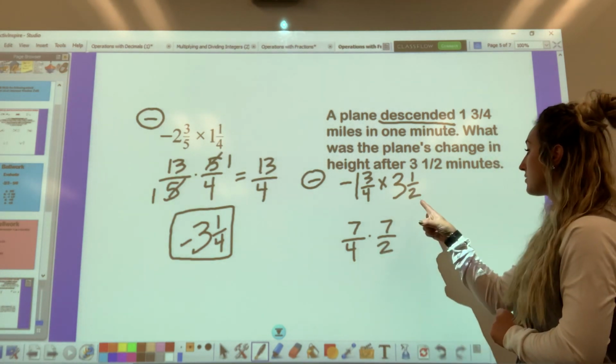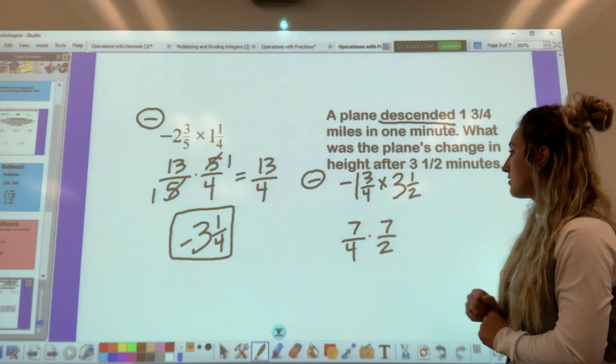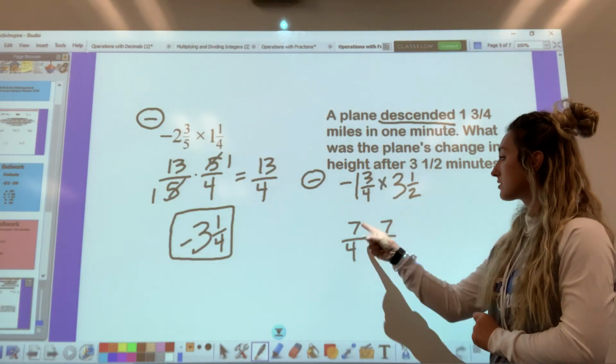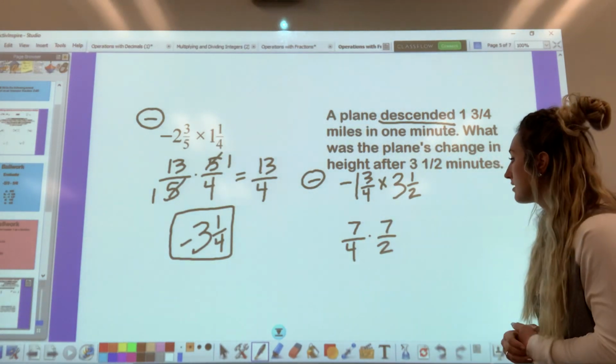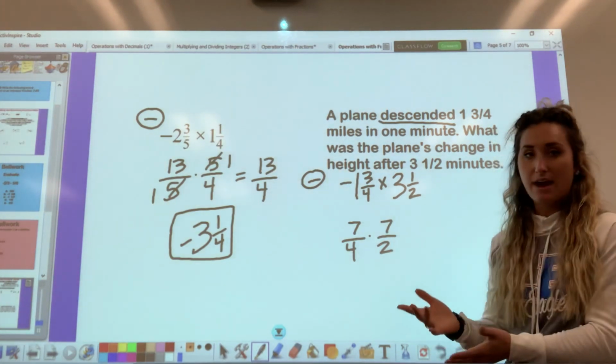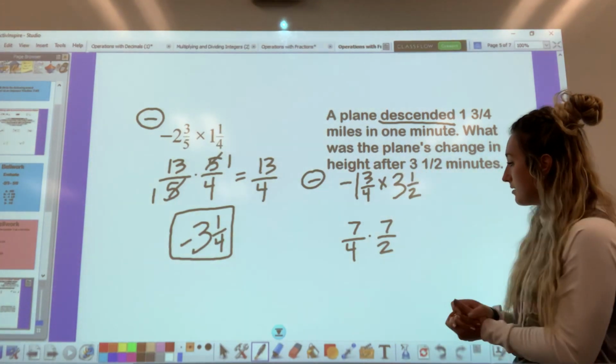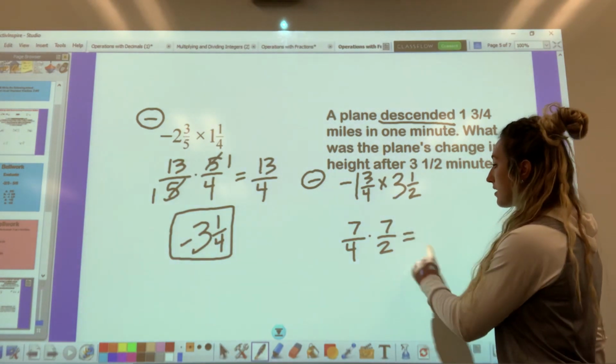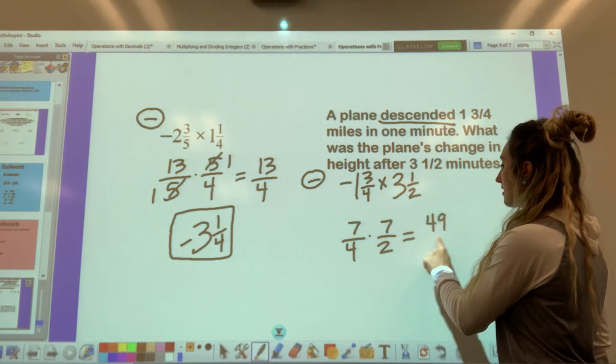Again, 3 times 2 plus 1 to get 7, or 1 times 4 plus 3 to get 7. So then when you multiply here, there's no common factors to cancel out between the top and the bottom numbers. So just multiply straight across to get 49/8.